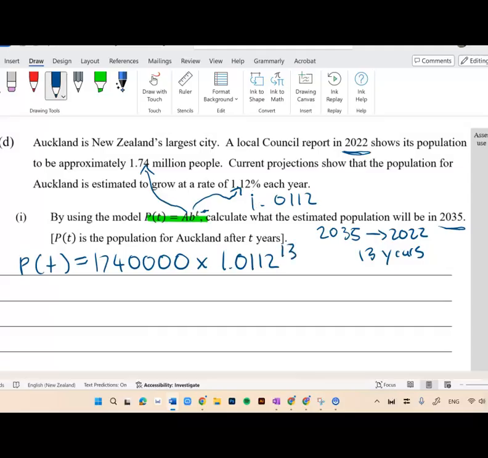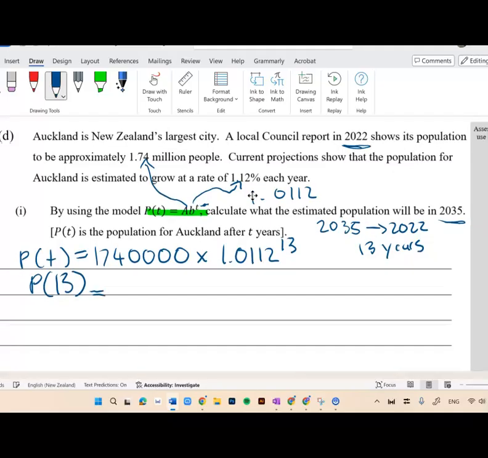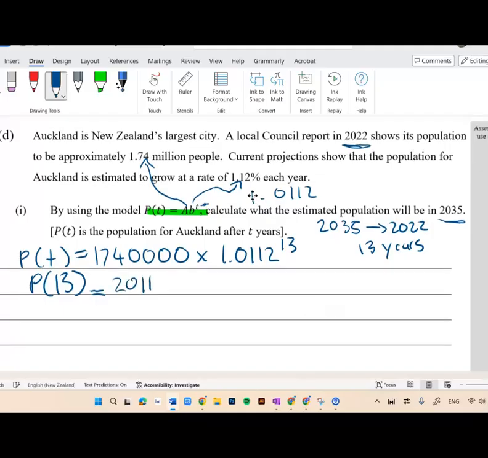Now, once we've got that, all we need to do is put it in our calculator, and with t equal to 13, the population in 2035 will be something like this, 2 million something, 987,852.